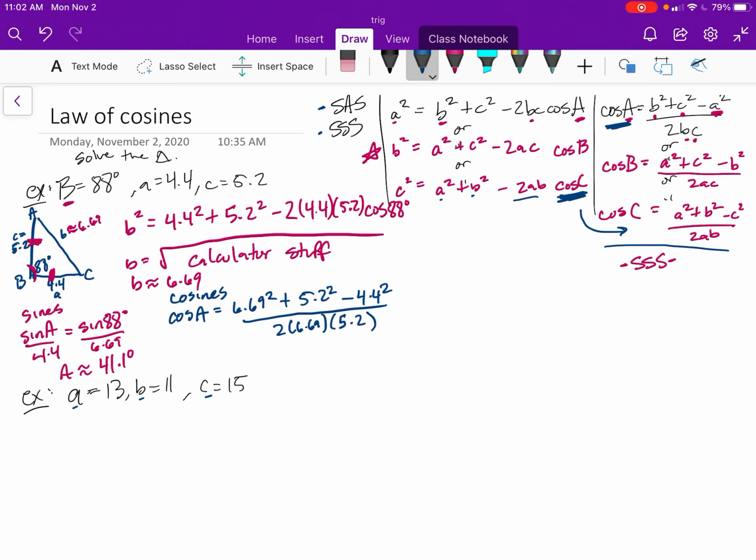Whole bunch of calculator work, right? But once you do that, you need to do cosine inverse of all of that stuff. And you'll still get A as approximately 41.1. Okay. Well, now that we have that angle, all we need left is C, and that we just subtract from 180. Right, so 180 minus 41.1 minus the original 88, and you get about 50.9 degrees.